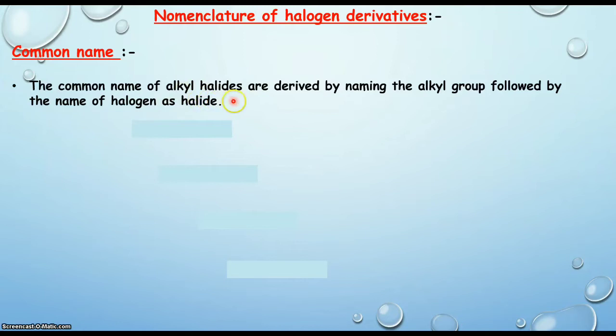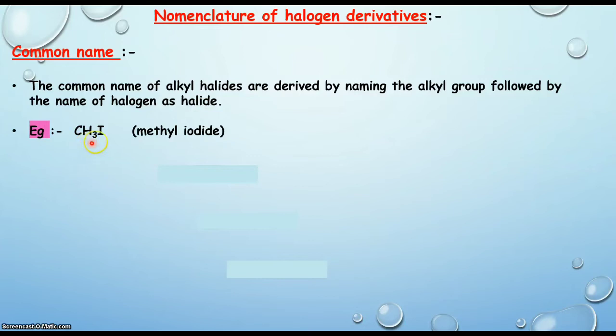The common name of alkyl halides is derived by naming the alkyl group followed by the name of the halogen as a halide. That means halogen derivatives are named by naming the alkyl group attached to the halogen and adding the name of the halide. Here is the example.